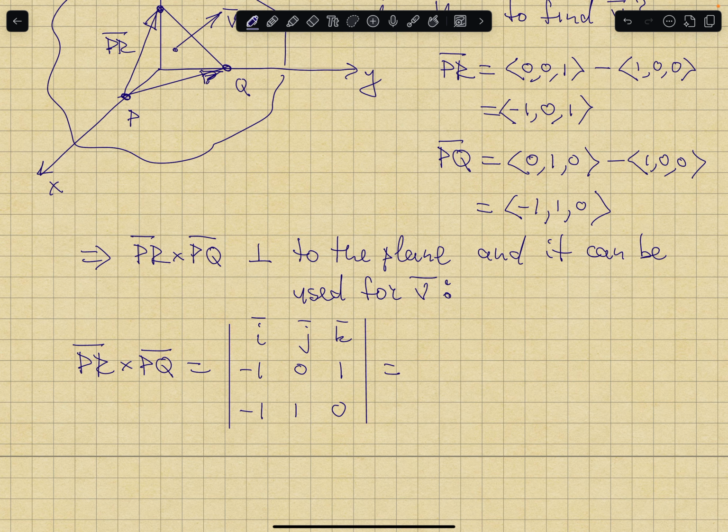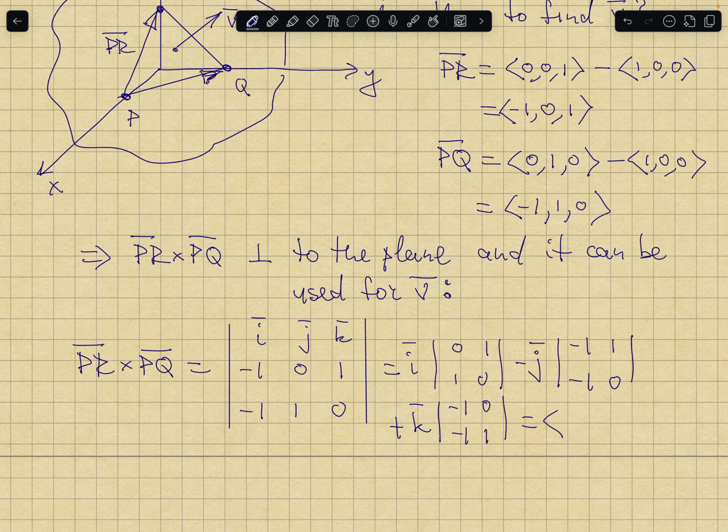And that is i times the determinant 0, 1, 1, 0, minus j times the determinant -1, 1, -1, 0, and then plus k times the determinant -1, 0, -1, 1.